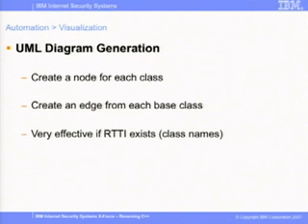So the output of our tool, actually, we generate a pseudo UML diagram, where we create a node for each class and create an edge from each base class to show the relationships. This is very effective if RTTI exists, because we can actually see the actual class names that were assigned to the classes.